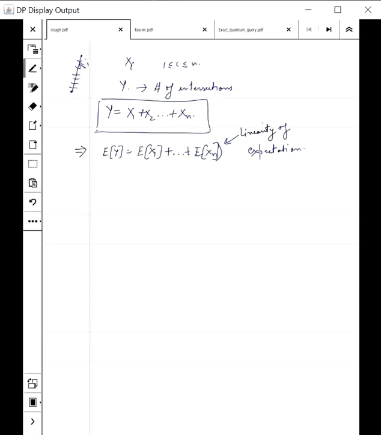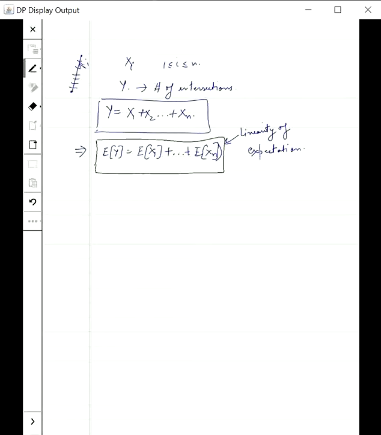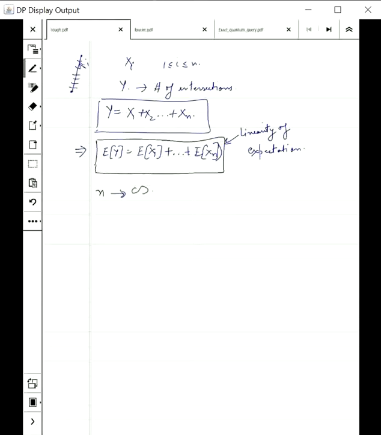Once you realize this, now as n tends to infinity, the parts become smaller and smaller, and they look like a small line. Whatever be the shape, we can assume that the number of intersections is the same for that small part. In other words, the expectation of y should just be proportional to the length of the needle.